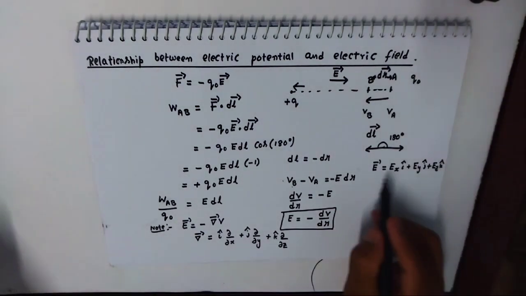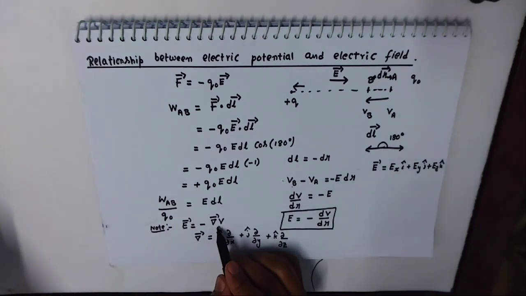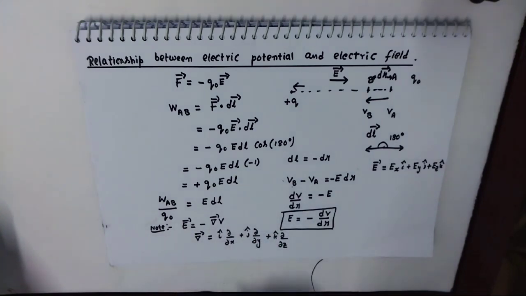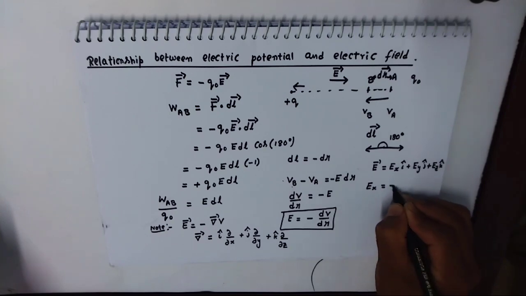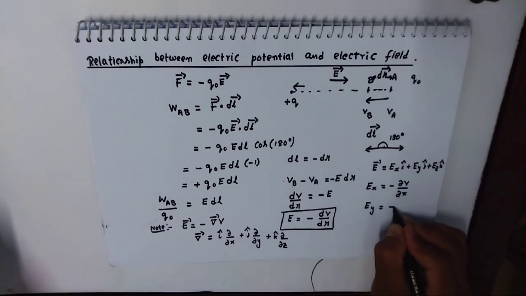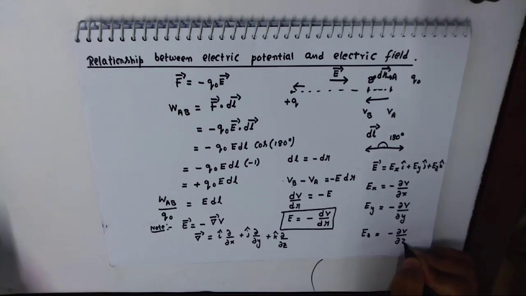If we substitute this value of E and this gradient in this equation, and equate left hand side and right hand side, we can write Ex is minus del V by del X, Ey is minus del V by del Y, and Ez is minus del V by del Z.